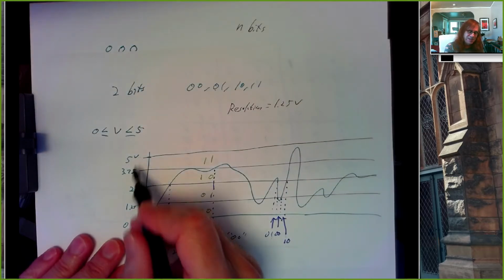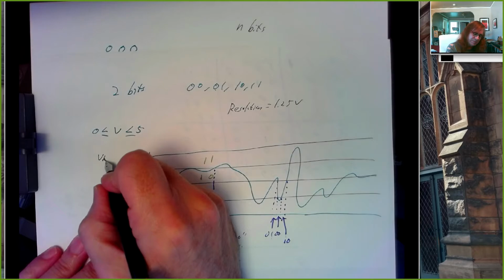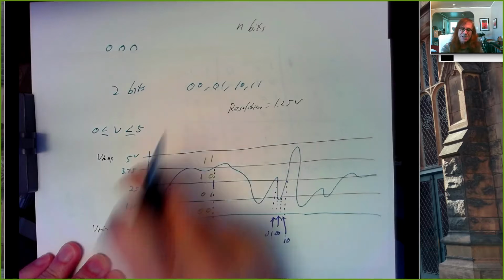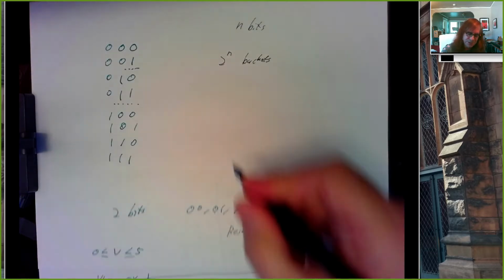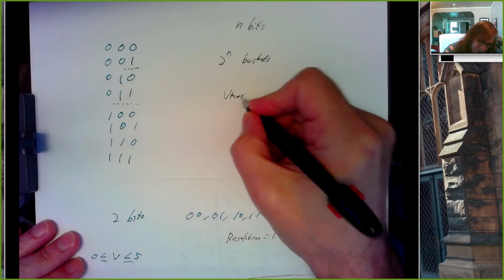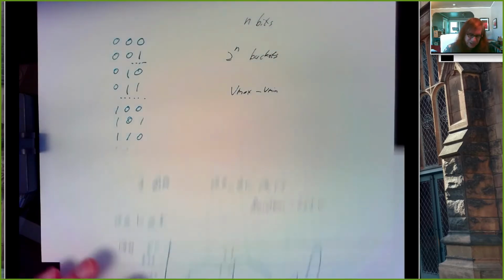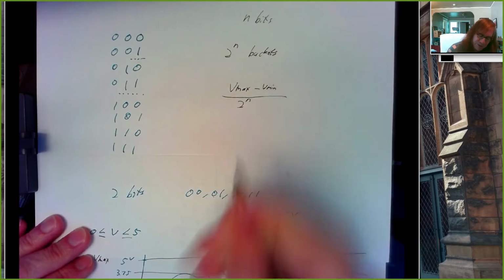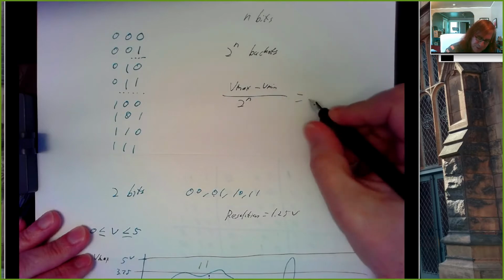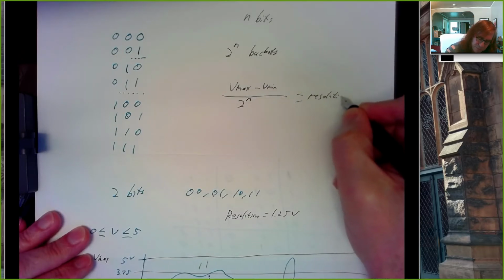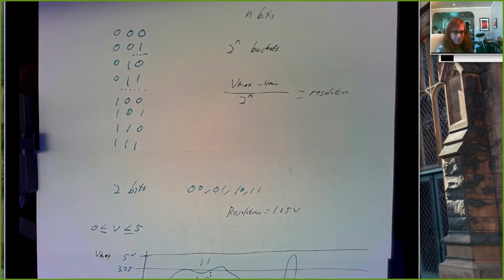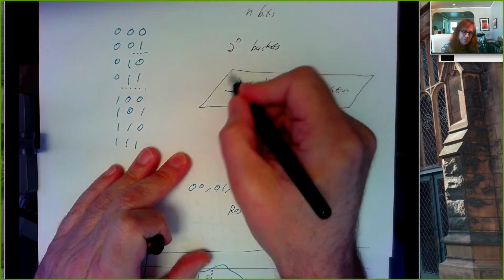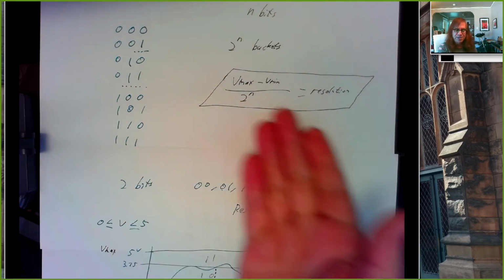And whatever your maximum and minimum voltages are, let's call it Vmax and Vmin, the difference between those is the total range of voltage that you need to encode. So Vmax minus Vmin is our 5 volts in this case. And if you divide it by the number of things that you're going to split that range into, that gives you your resolution. So that's the basic formula we use when we deal with something like A to D conversion. The voltage range divided by the number of buckets gives you the resolution.